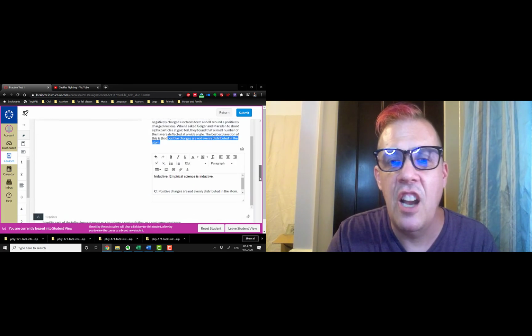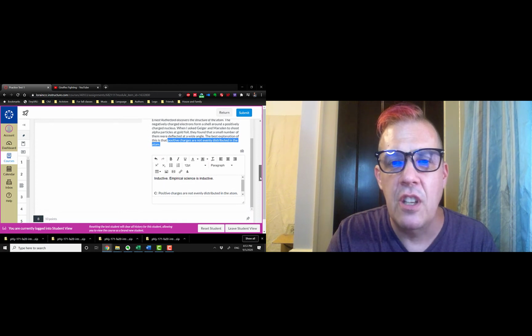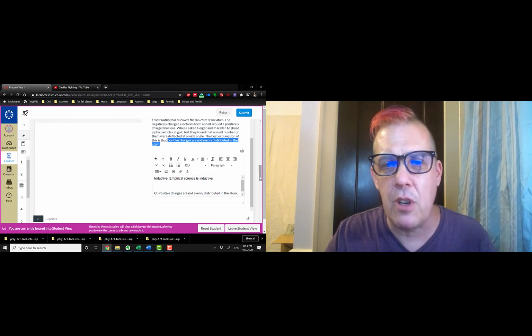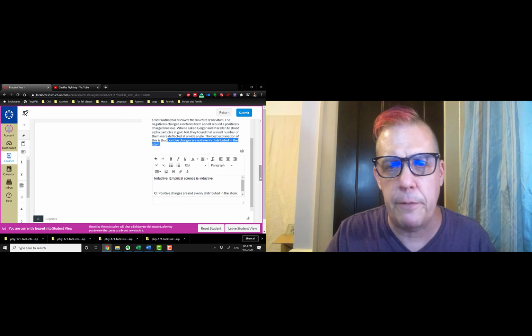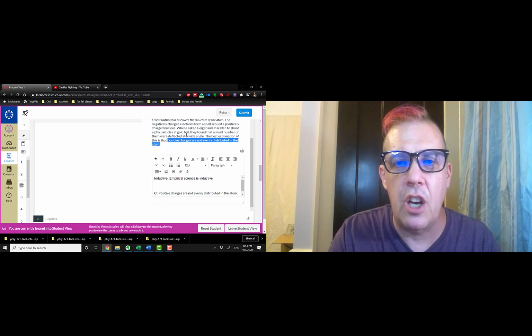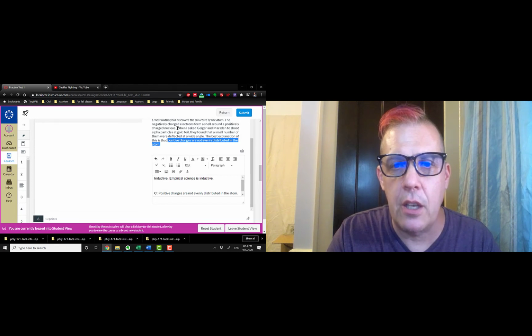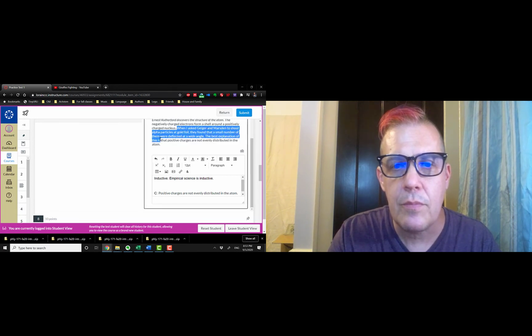And Geiger and Marsden, when I asked them to shoot these alpha particles, they found that a small number of them were deflected at a wide angle. Let's just do it like this. We're going to say that this is a premise.